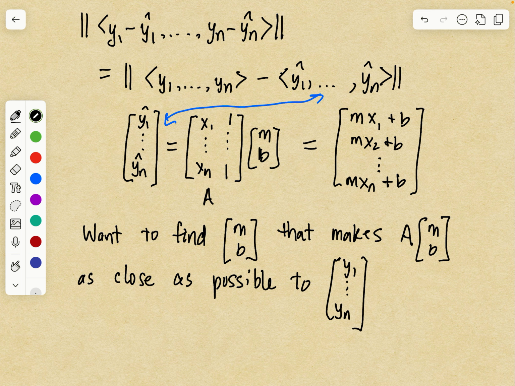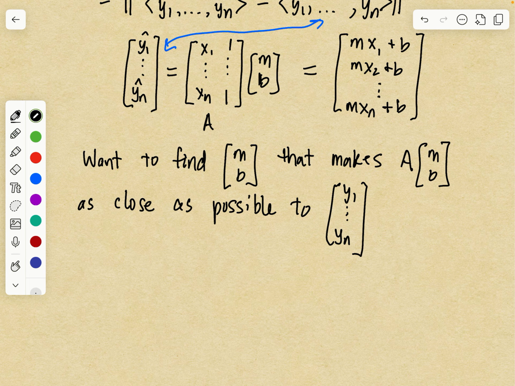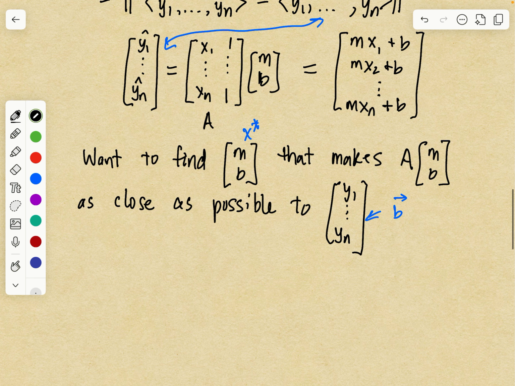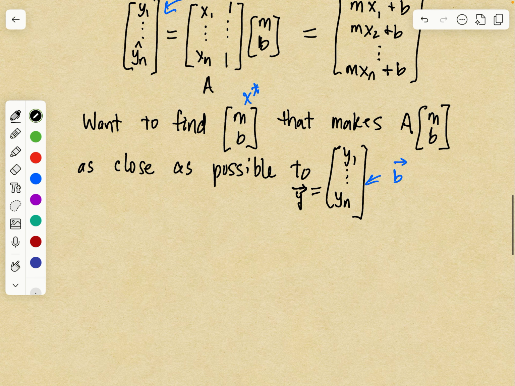Well, where have we seen that before? This is a least squares problem, right? We're trying to find this vector. In the previous scenario, this would be like our x star, and then this vector is like our vector b. But for the sake of this problem, let's call this vector y instead of b, because I don't want to mix it with the y-intercept.